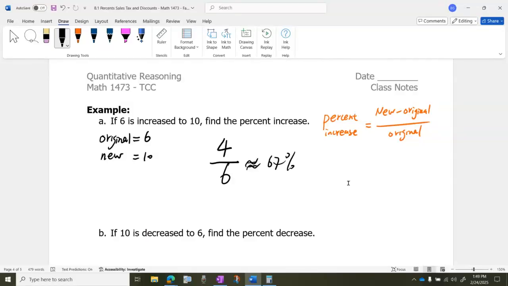If the price of the stock has gone up, how many percent, or has gone down, how many percent, or the sales, or the inflation, whatever, right? So it's very, very important.